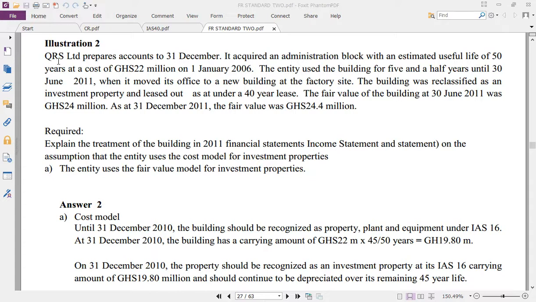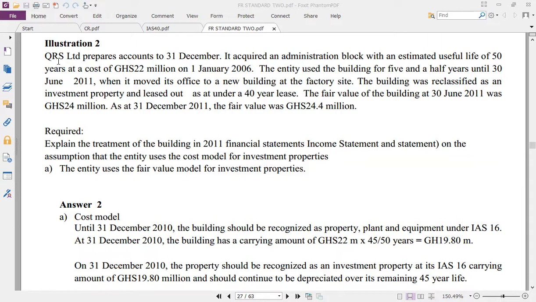The entity used the building for 5.5 years until 30th June 2011, when it moved its office to a new building at the factory site.